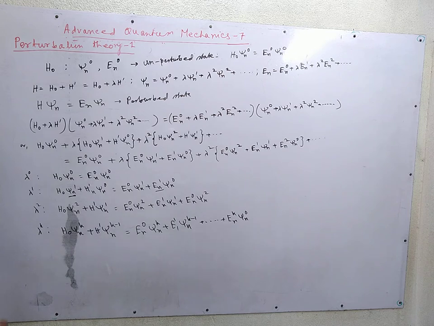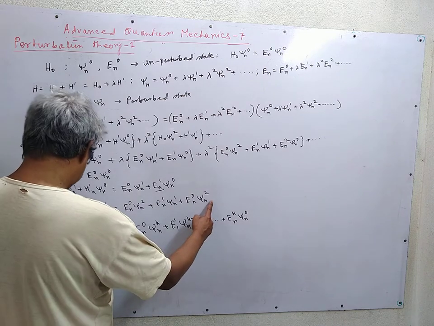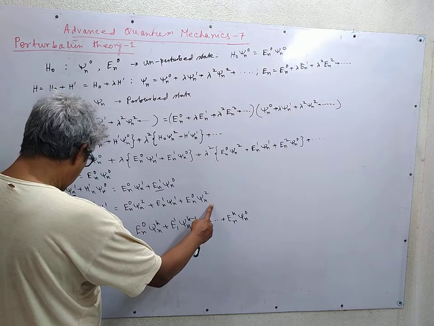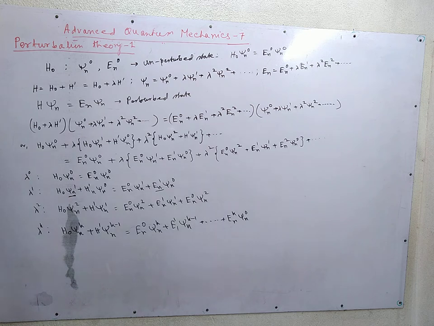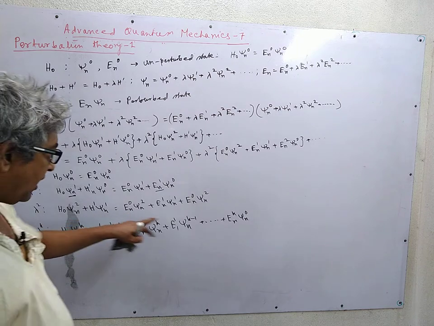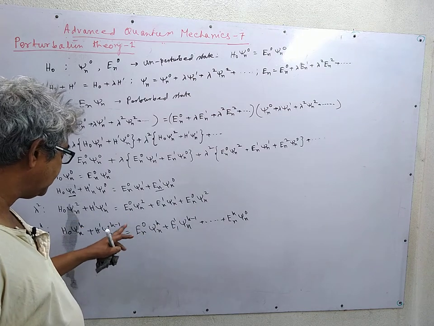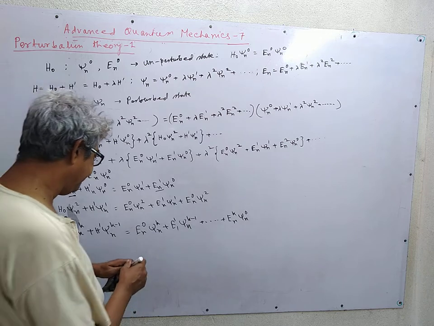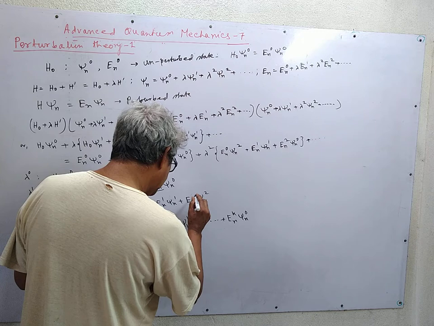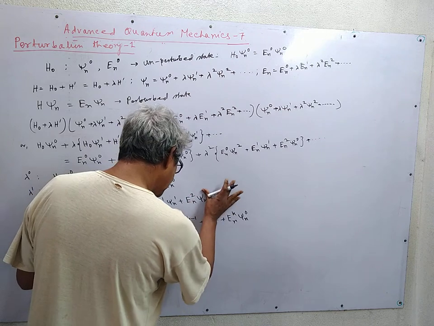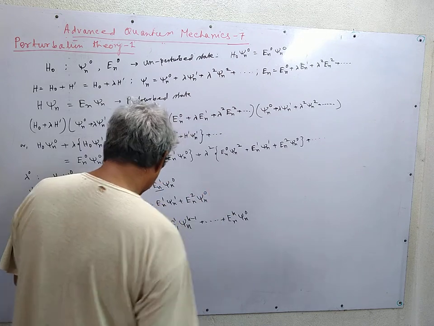If we were not satisfied with the first order theory, then we are to go for the second order theory, in which case the second order correction involves the unperturbed energy, unperturbed Hamiltonian and unperturbed wave function. Sorry, this term is 0, 1, this should be 2, this is 0. Please note the correction.